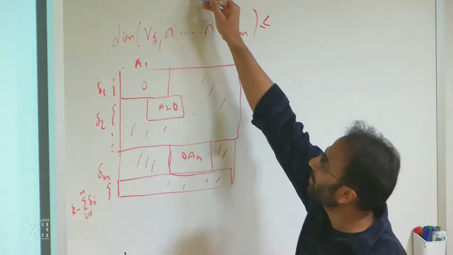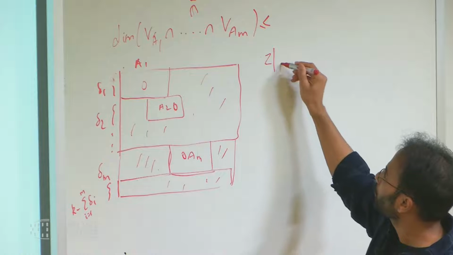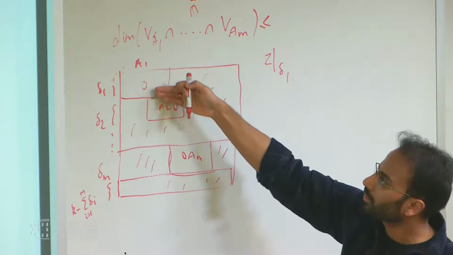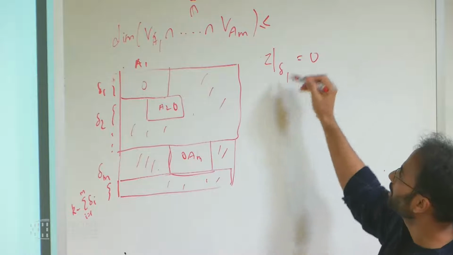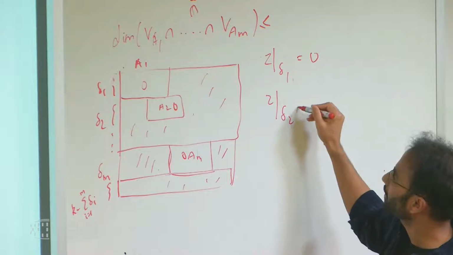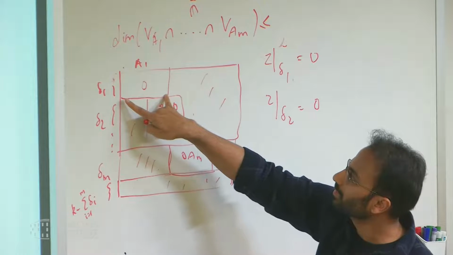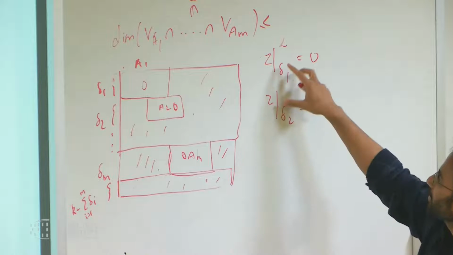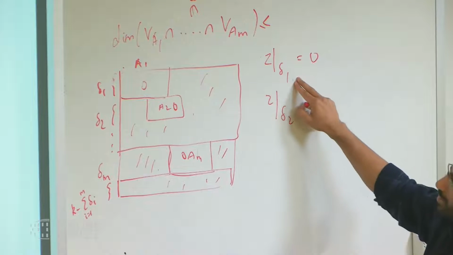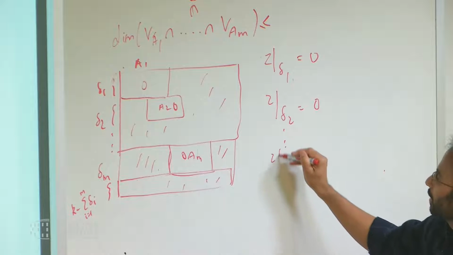Because if there is a vector z inside this, then z restricted to the first delta 1 coordinates should be 0, right? And similarly, z restricted to the second delta 2 coordinates is 0, because z is in VA1, and VA1 has the first block 0. So the first delta 1 coordinates of z is 0, the second delta 2 coordinates of z is 0, and so on.